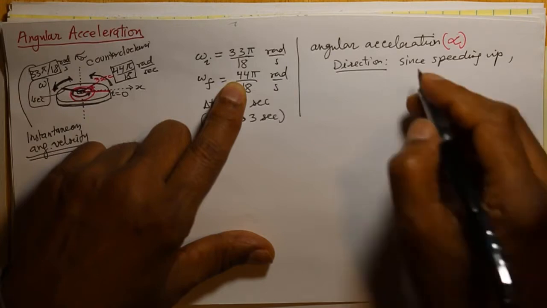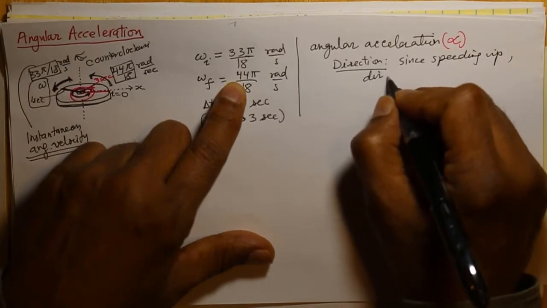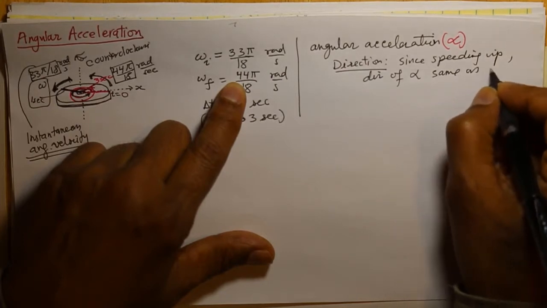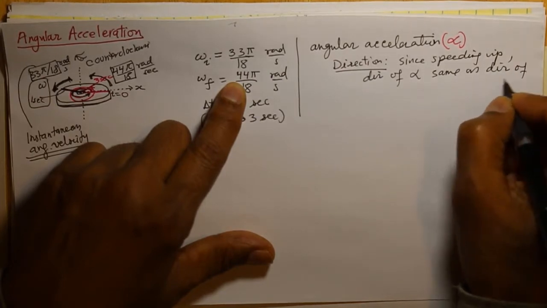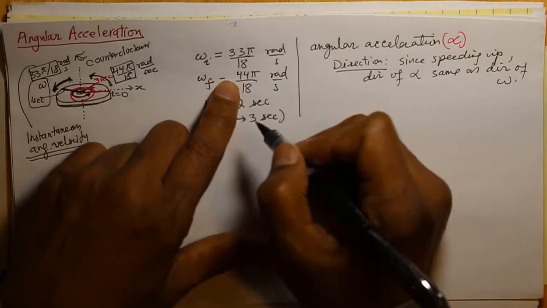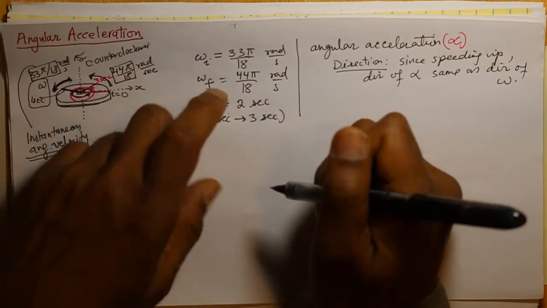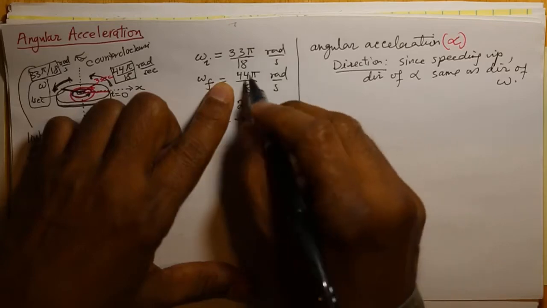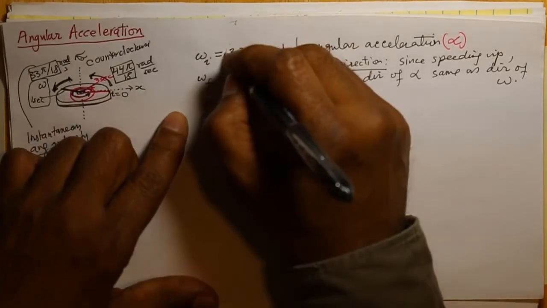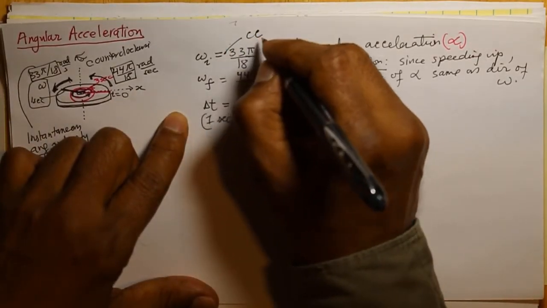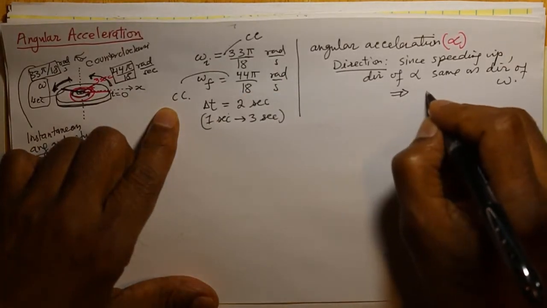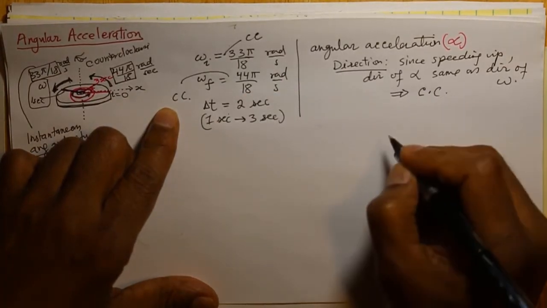So since it's speeding up, the direction of alpha is the same as the direction of omega. They must be in the same direction to speed up, getting bigger and bigger, right? So if this one is counterclockwise and this one is counterclockwise, that means the direction here is counterclockwise.